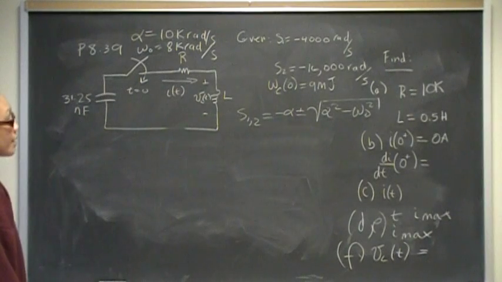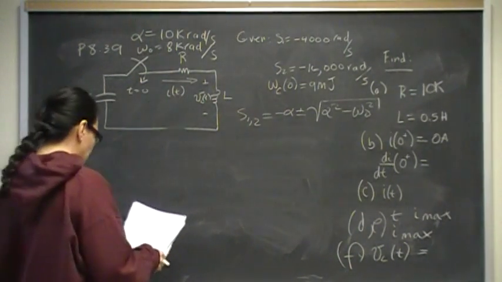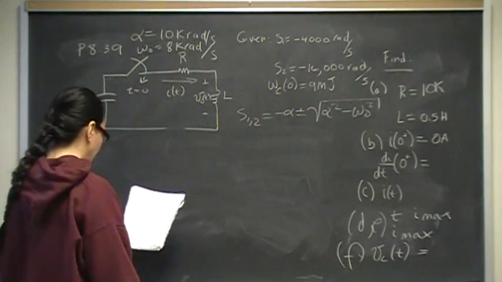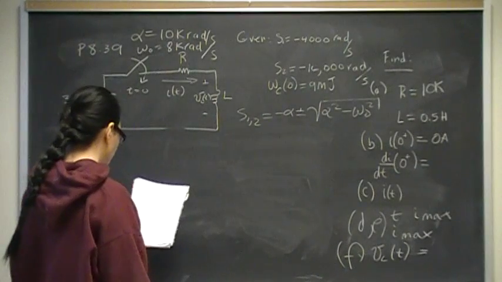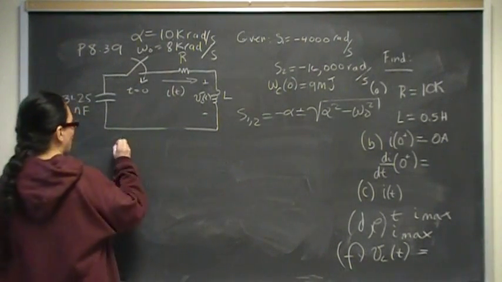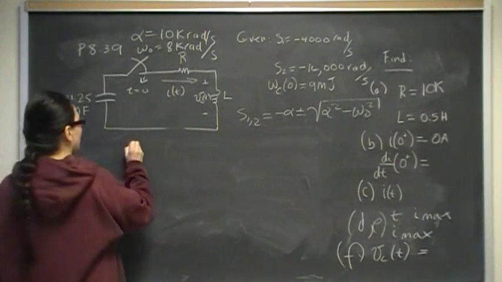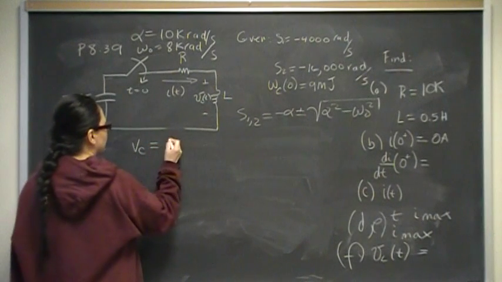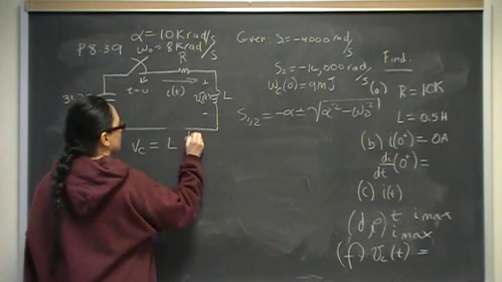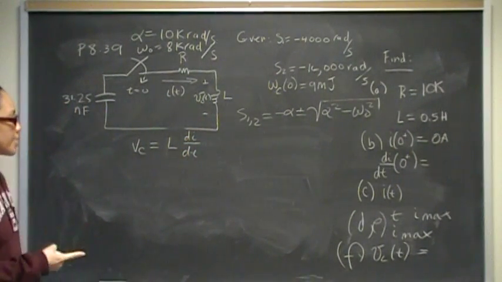Now, how will it do that, and how will we find that? First of all, we don't have nearly enough information. Ultimately, we are going to use this property of the inductor: the voltage across the inductor is L times di dt.